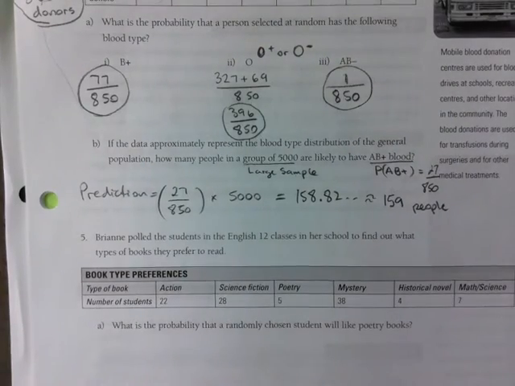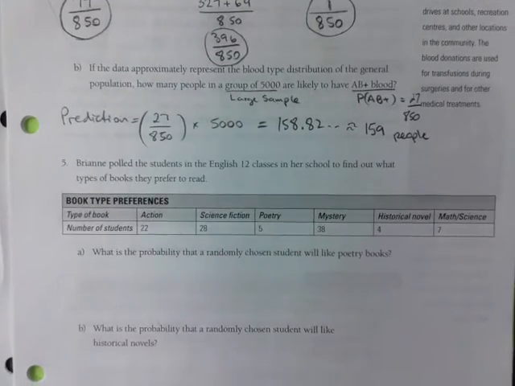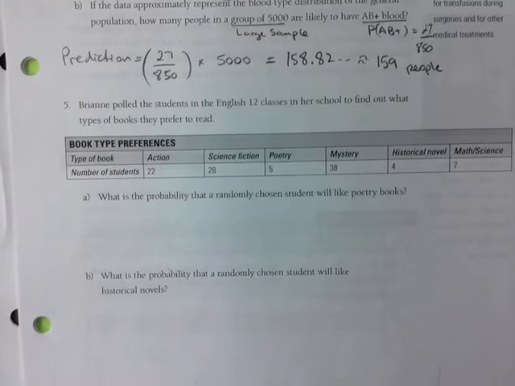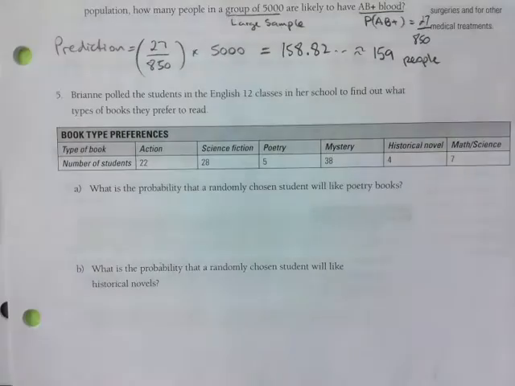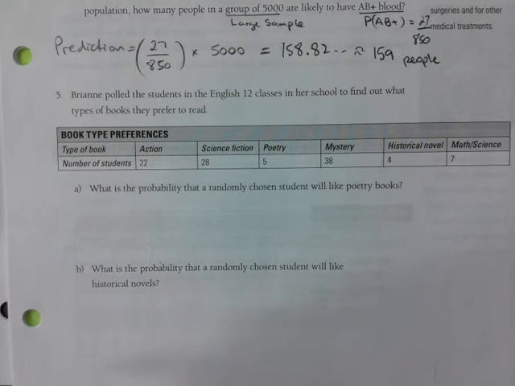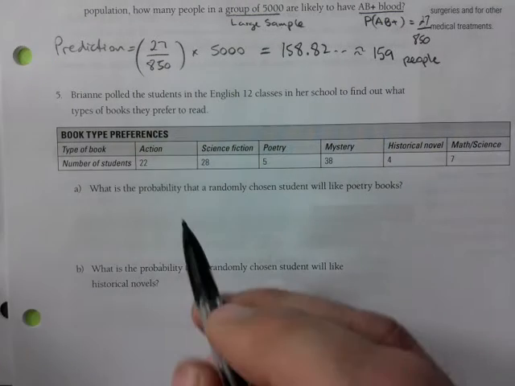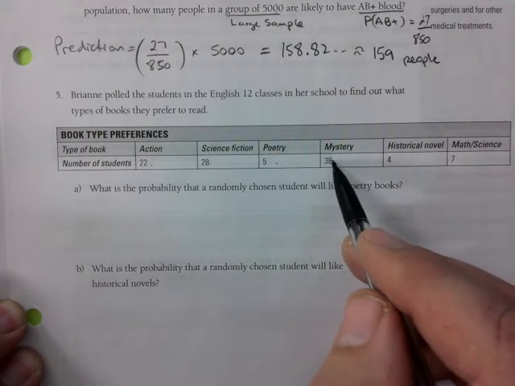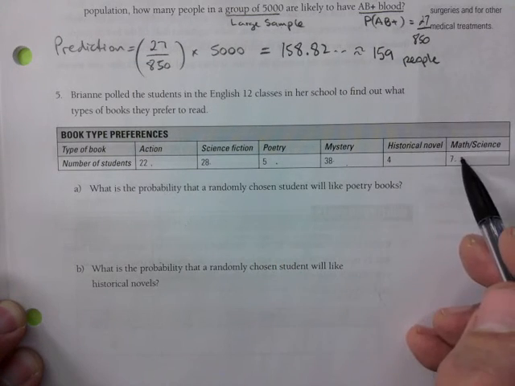And let's do the book types. This is being written down, right? There you go. Also, probably that a randomly chosen student will like poetry books. I need to add this up first. Okay, so this is 55 plus another 45. That's 100 plus 4.